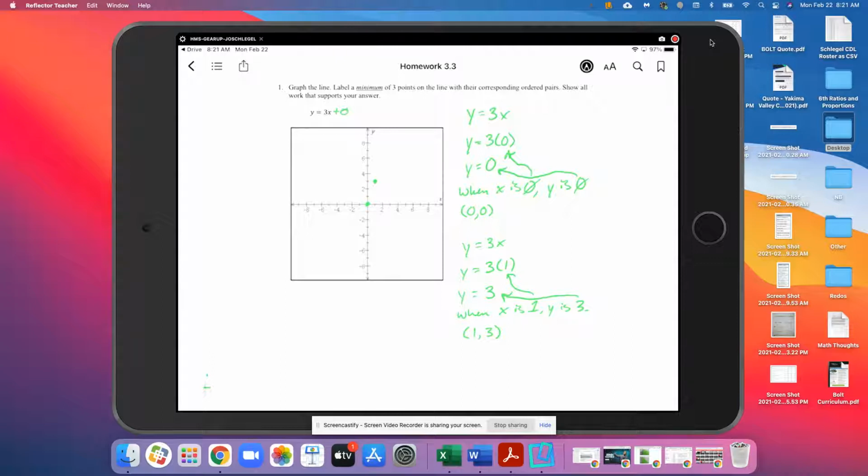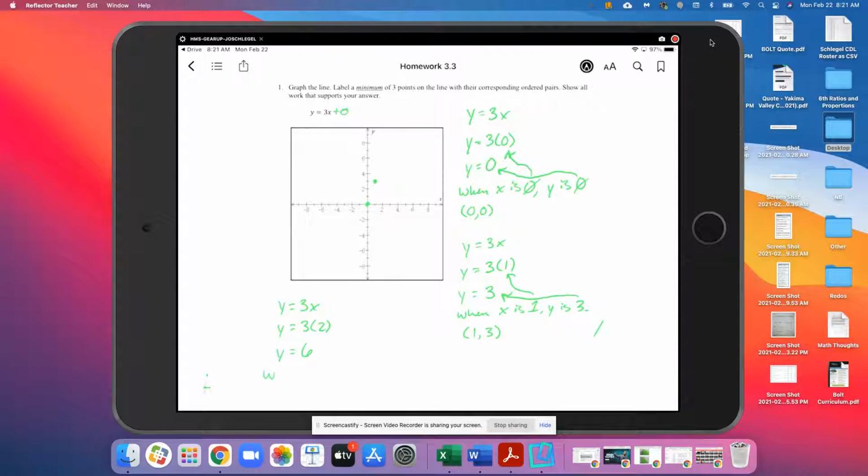Another one, we need a minimum of 3 points. Again, we could put in a negative number if we chose to, like -1 or something like that. I would go ahead and personally stick with the theme of going up in increments of 1, so y equals 3x. I will choose 2 this time, y equals 3 times 2, y equals 6.